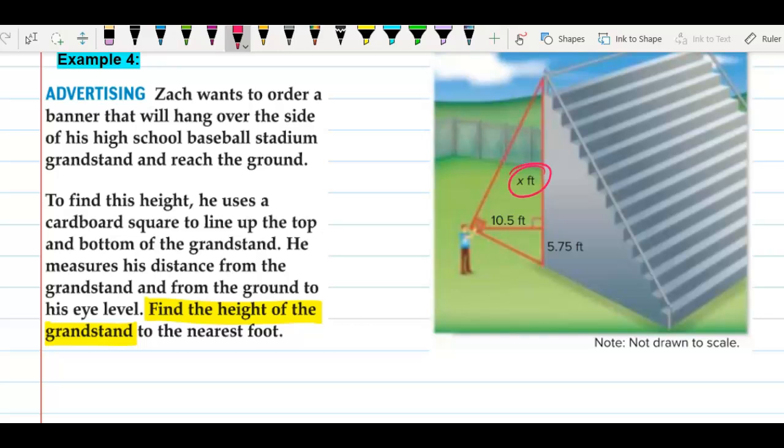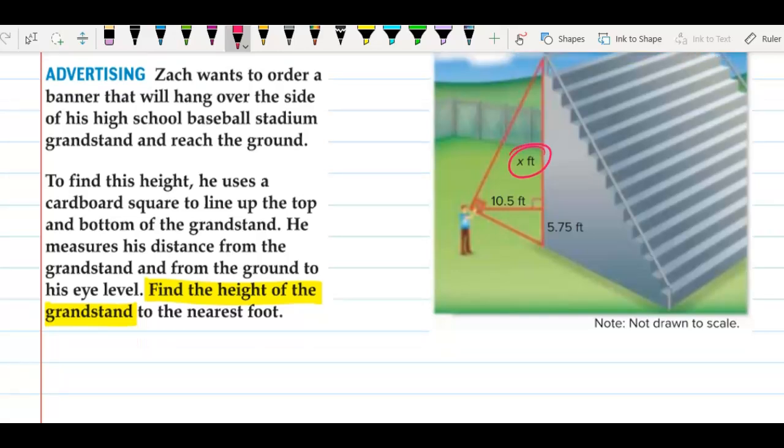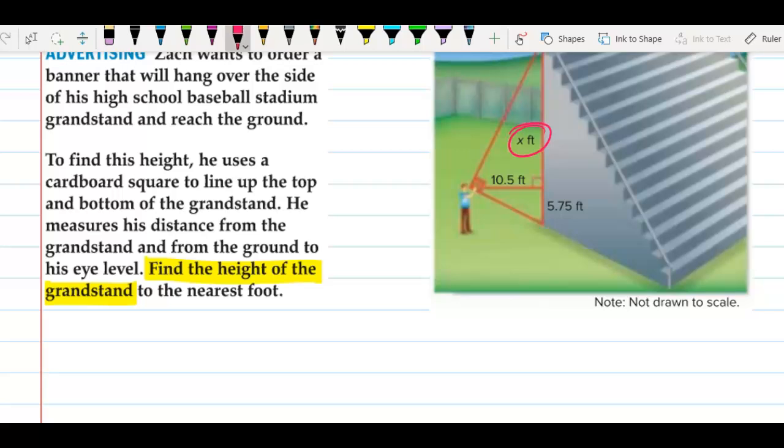But first we're missing this X. So if we wanted to find the actual height of this triangle, we could take both pieces of the base. So I could take X and multiply it by 5.75, take the square root, and that would be equal to the height of my triangle, which is 10.5.